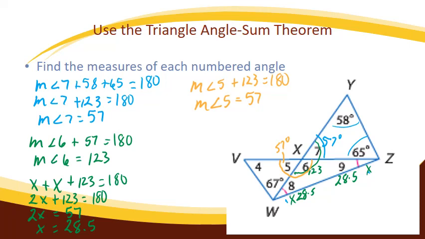And now I can finish this thing off and find the measure of angle 4, because this angle here and this angle here, these two angles plus the measure of angle 4, according to the triangle angle sum theorem, must equal 180. And so then I've got the measure of angle 4 plus the measure of angle 5, which is 57, plus this measure of angle, we're going to call it VWX, which is 67.